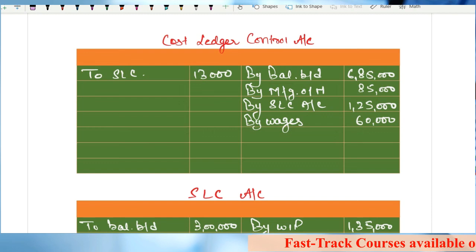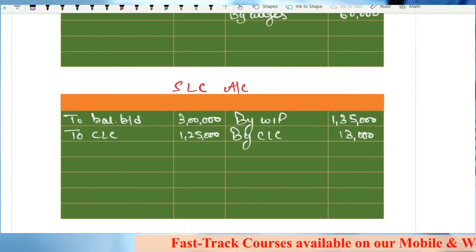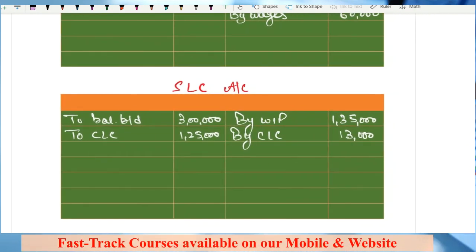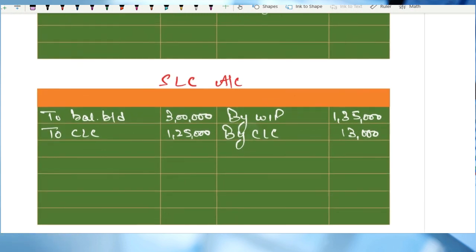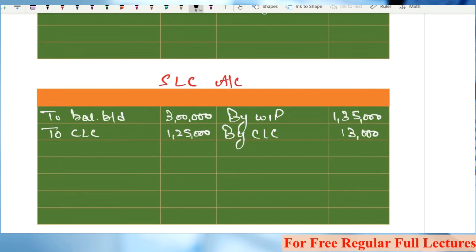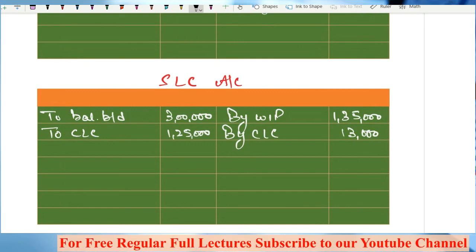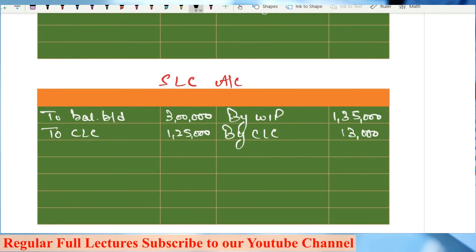So the first account that we are going to close is the SLC account, right? We are going to close it. So we'll have a closing balance here. Sir, remember, if we are having the opening balance given in the question, that means we are carrying forward that account from one period to another period, right? So we can have the closing balances also.